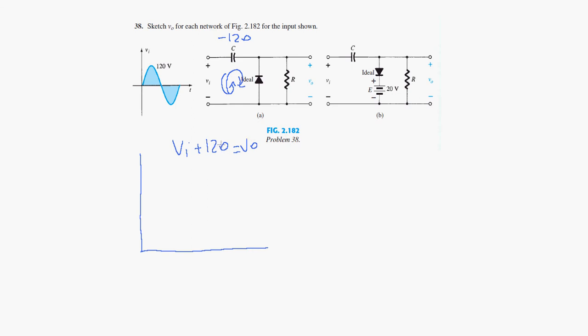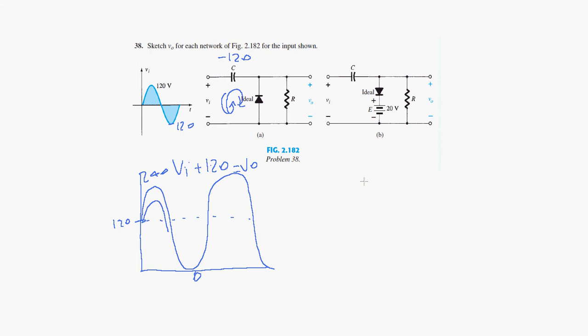And so if we have 120 here, then the sine wave is going to be shifted upwards like this, like that, and goes to 0, and then goes to 240. So here's 240 volts, and here is 0 volts. Because remember, when the voltage is minus 120 here, then minus 120 plus 120 is equal to V naught. And so on this circuit we can sketch it also.